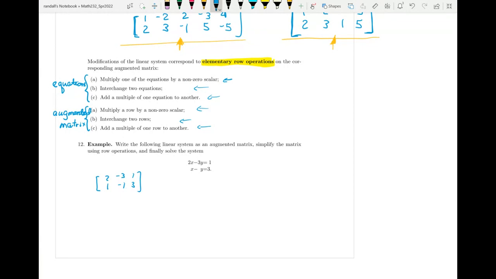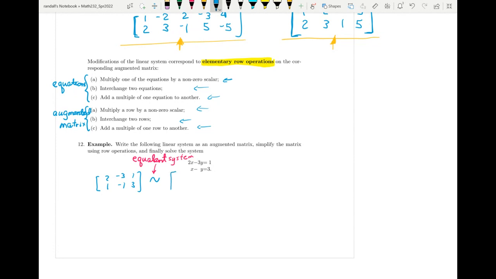Now I'm going to use the symbol they have in the book, this wavy symbol, like a similarity, to denote equivalent systems. This is what they use in the book, and it's customary. So this means it's an equivalent system, an equivalent augmented matrix.